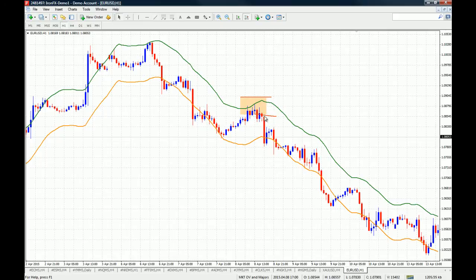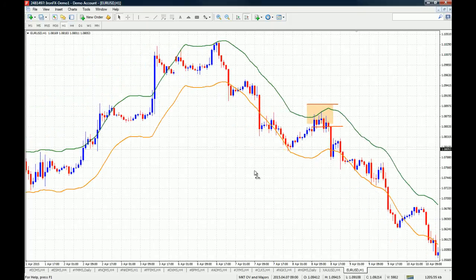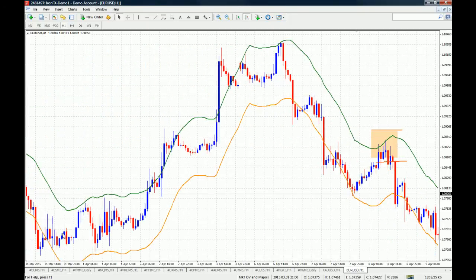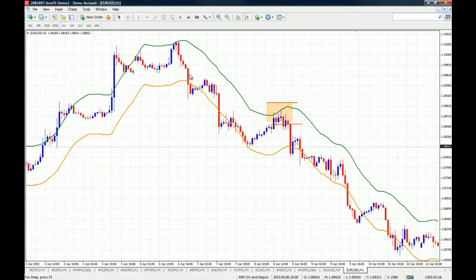Now, this seems easy, but you need to be very meticulous and very disciplined when you take these entries, because you need to avoid choppy markets. So you need to have at least one swing to the downside in order to look for short opportunities, and one swing to the upside in order to look for long opportunities.